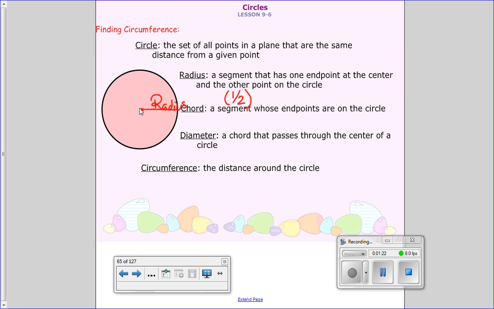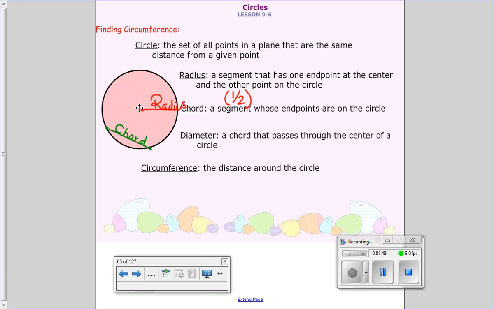Then when we talk about a chord, that's just a segment which has both endpoints on the circle. So for example, from here to here, I could make a line, and this would be considered a chord. Again, as long as both endpoints are on some part of the circle, we have a chord. Then the diameter is a chord that passes through the center of the circle, so it goes from one end all the way to the other, going through the middle.